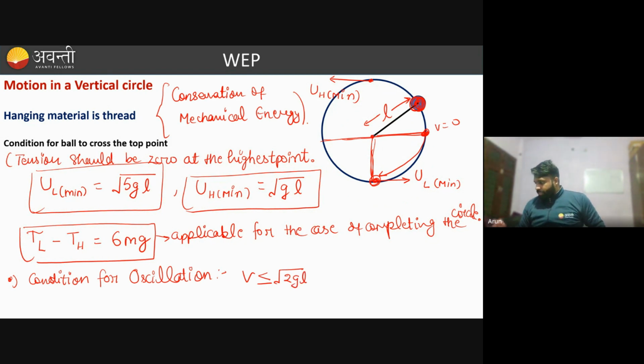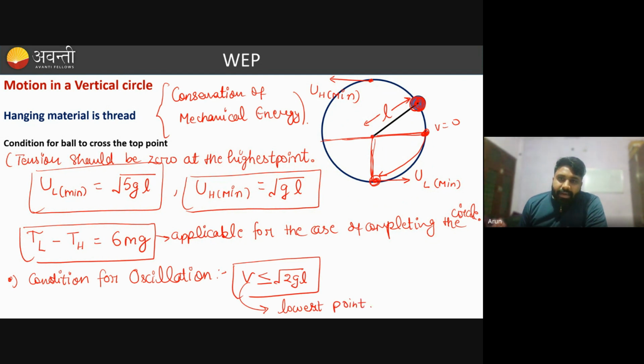Okay. So this should be the velocity or condition for oscillation. If you impart this velocity at the lowest point of the circle, it will start oscillating.